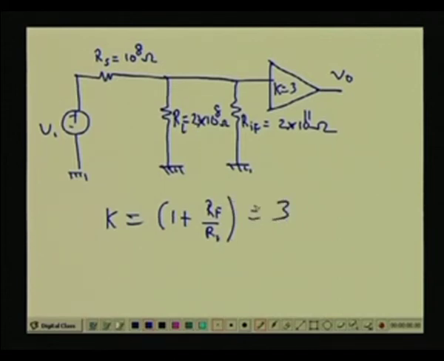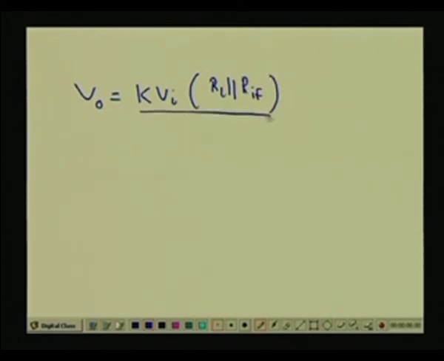Analyzing the above circuit, we can write VO equal to K VI times RL parallel RIF upon RS plus RL parallel RIF.